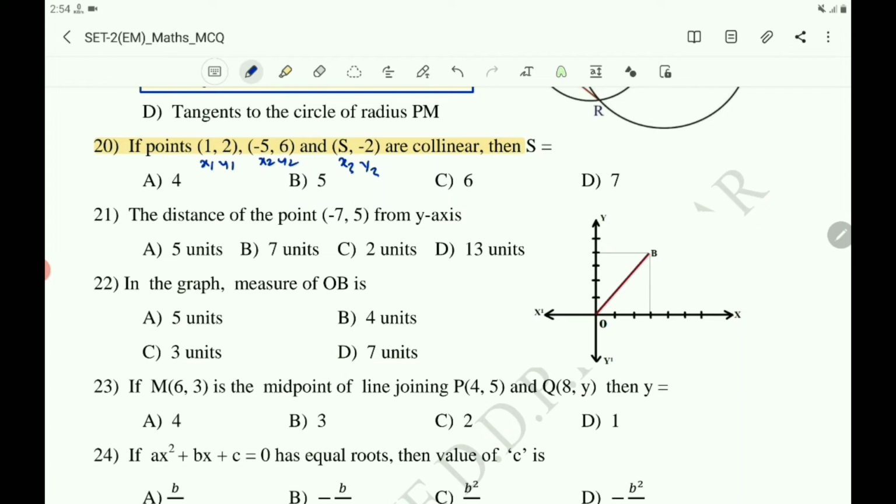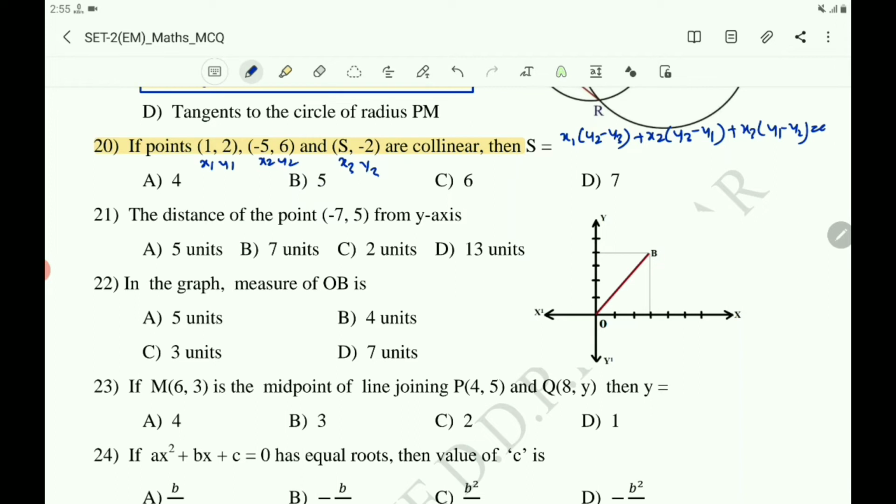So you can leave the half. Then you write the formula: x1 into (y2 minus y3) plus x2 into (y3 minus y1) plus x3 into (y1 minus y2) equals 0.